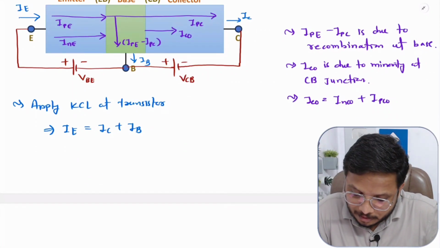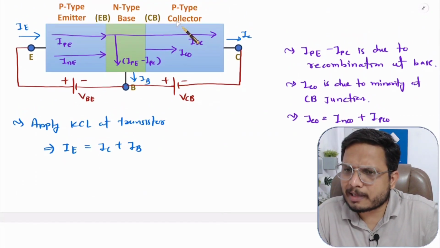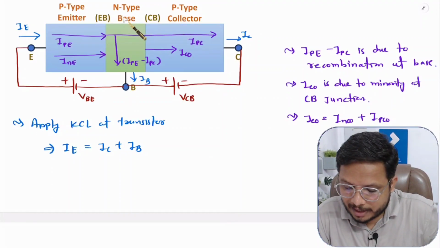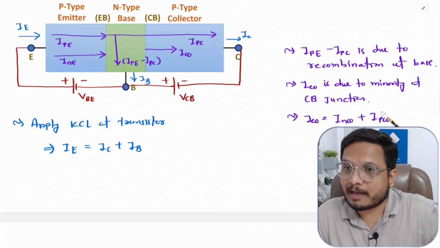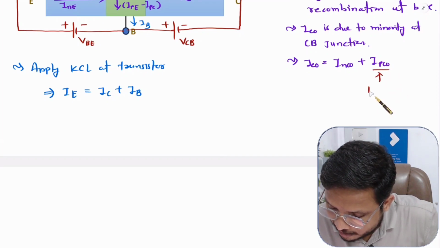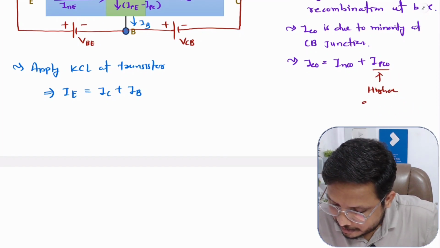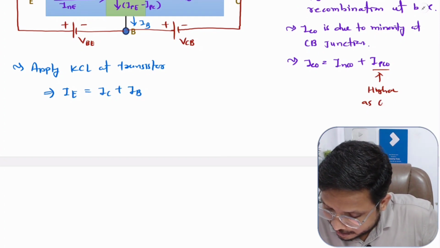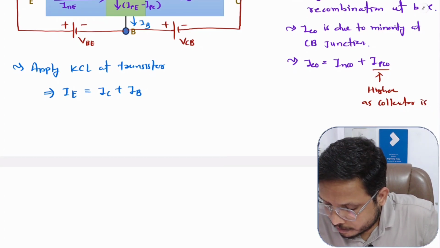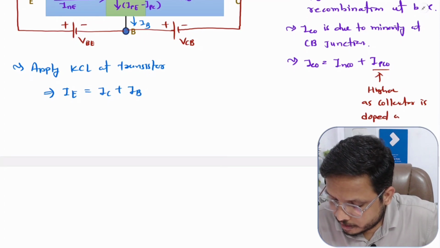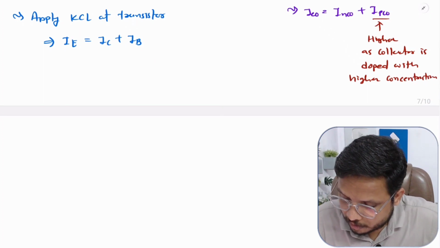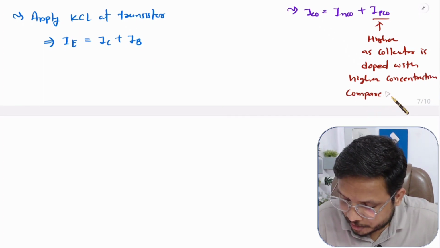Why? The reason is the collector is highly doped compared to the base. As the collector is heavily doped compared to the base, the value of IPCO is higher, as the collector is doped with higher concentration compared to the base, right?